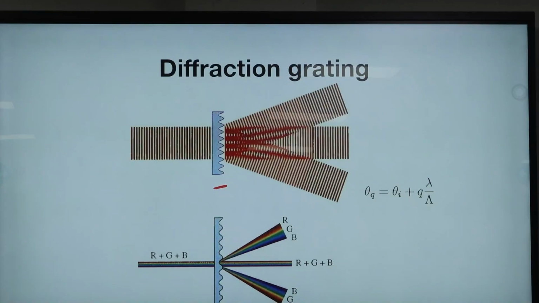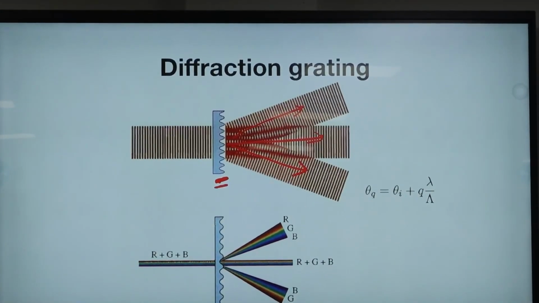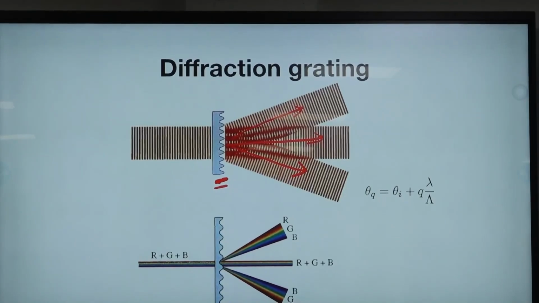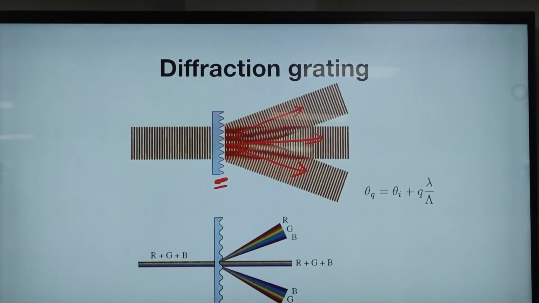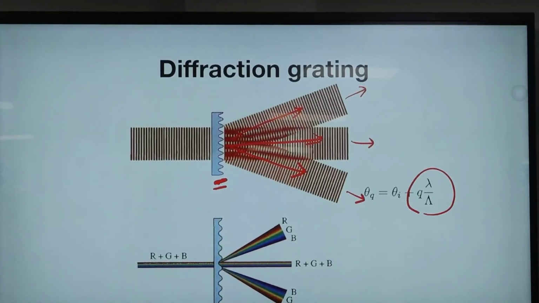But it's something like a sinusoidal pattern. Take a piece of glass, and if you have a sinusoidal pattern on that glass, then that is a grating. What a grating does is it takes a plane wave and sends it forward just like if it was not there, but it also creates multiple plane waves in different directions. In fact, the directions in which it sends them are very specific to the grating.